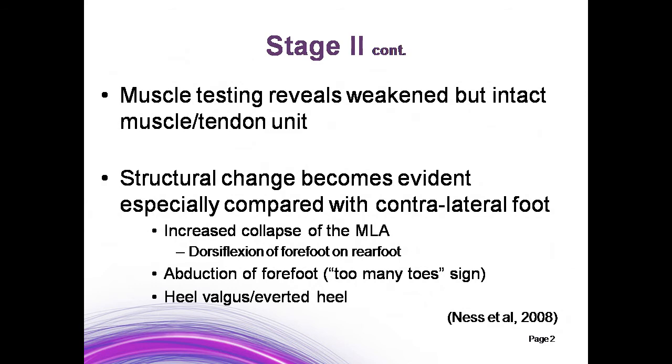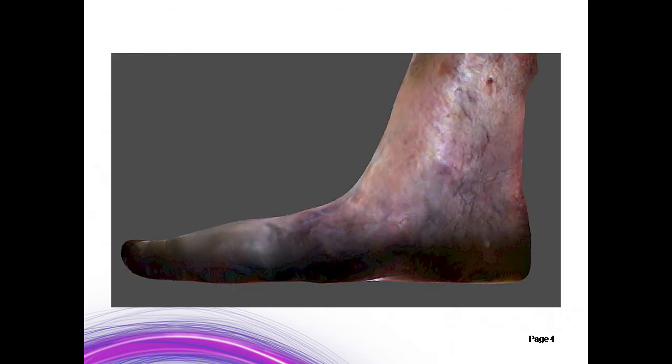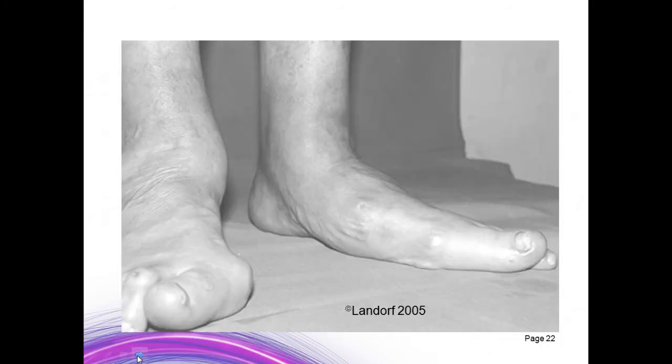Again, for diagnosis, you can undergo muscle testing to observe or document the weakness or strength of the structure, but one major clinical feature is looking at the overall foot structure, and a decrease in the height of the medial longitudinal arch will be evident. And you can see here that arch is quite flattened, it's quite pronounced on the medial side. Although you may not be able to see it all that well with this image, the forefoot becomes quite abducted.